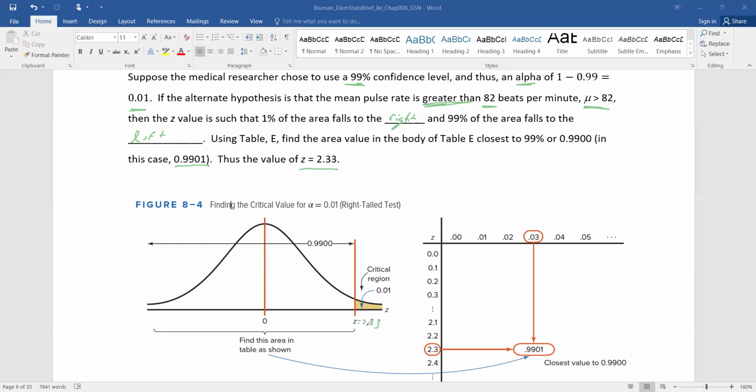So when we do our math to determine the z-score of the data that we have, if it ends up being greater than 2.33, we reject the null. But if it ends up being anything less than 2.33, it could even be a negative over here, then we fail to reject and state that there's not enough evidence to say that it's greater than, because that's what you're testing.